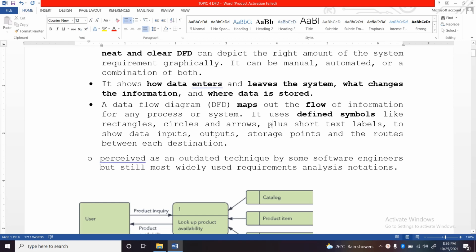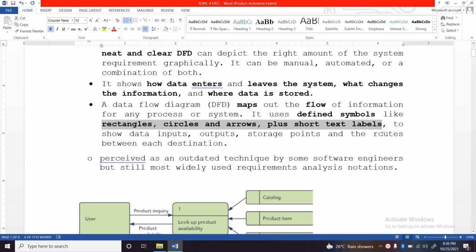And we are going to show the data inputs, the data outputs, the storage points, and the routes between each destination. So basically, these are just the major symbols that we can use, but there are also labels and arrows that we should include later on in our DFD.